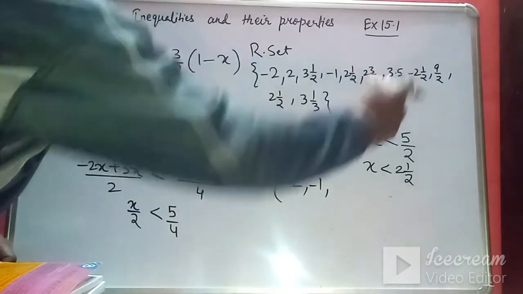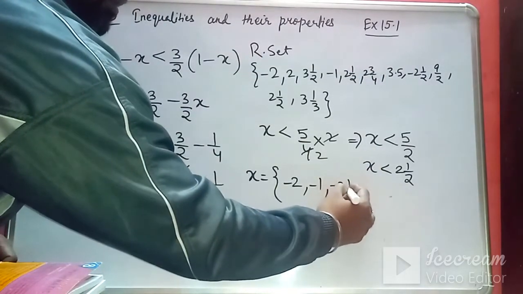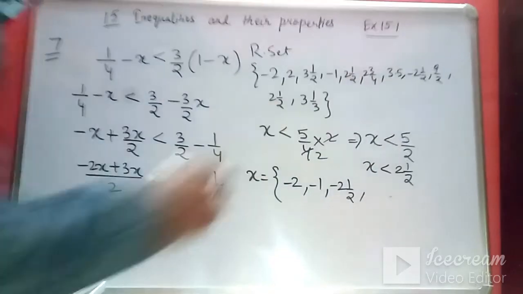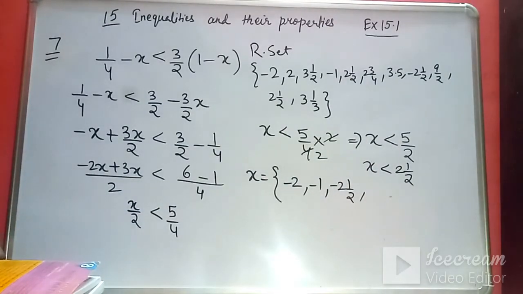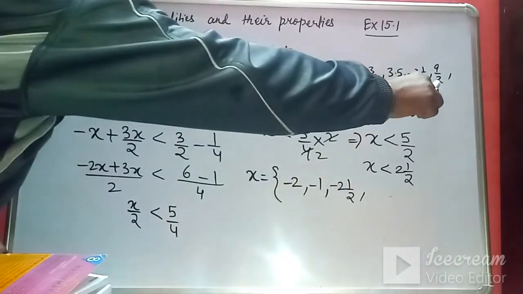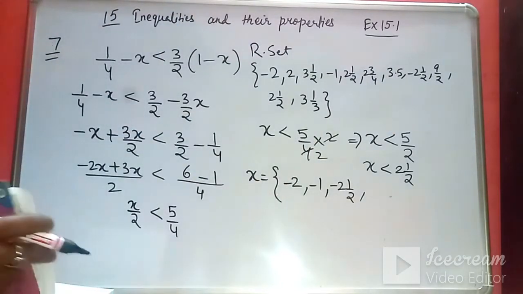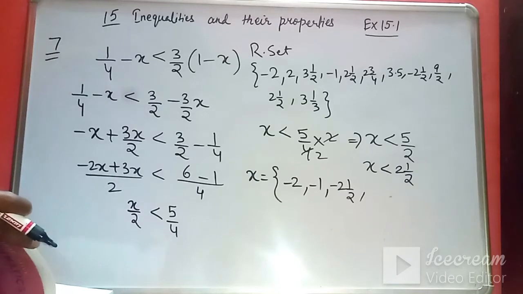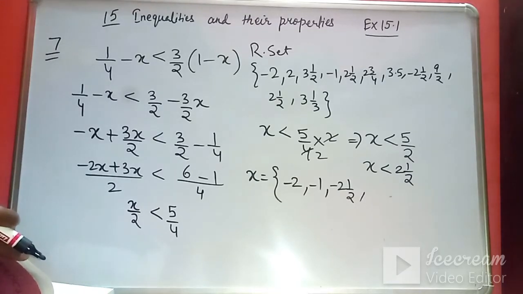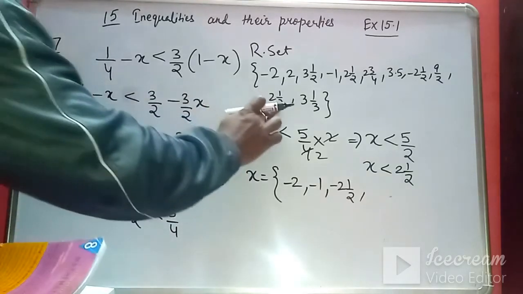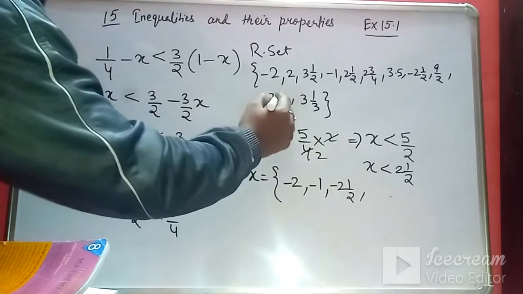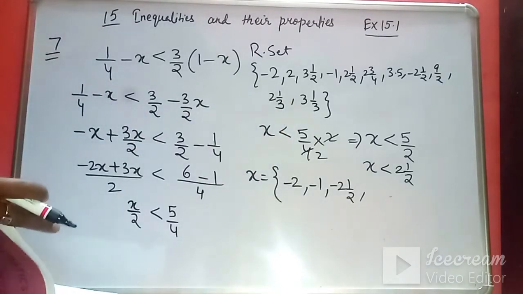Then minus 2 and half, one more solution we got. Then 9 by 2 is approximately 4.5, so this we cannot take. Then again 2 and half is there, so we will not take 2 and half. Okay, this is 2 1 by 3, not 2 and half, 2 whole 1 by 3.